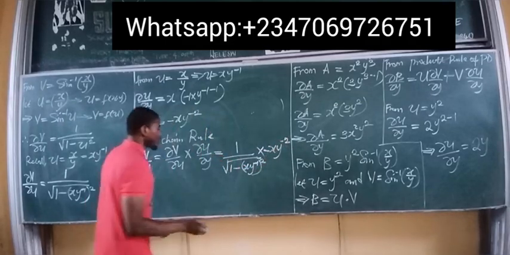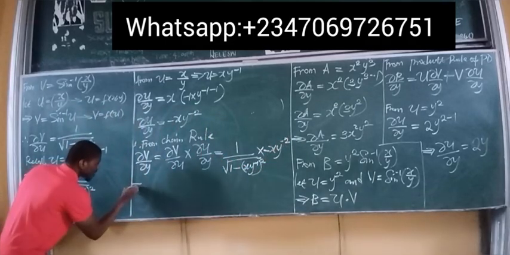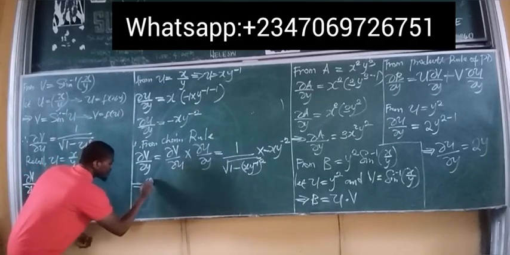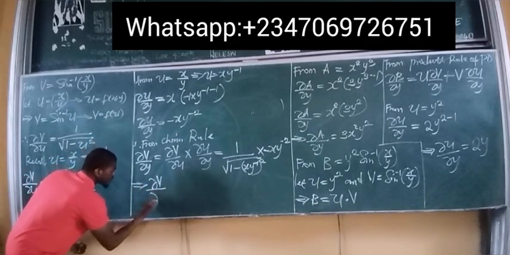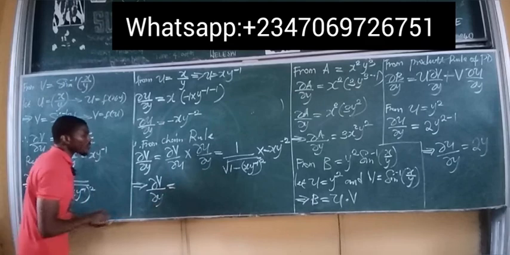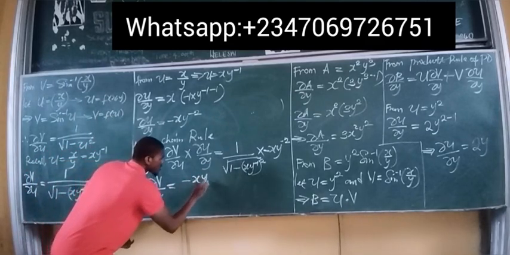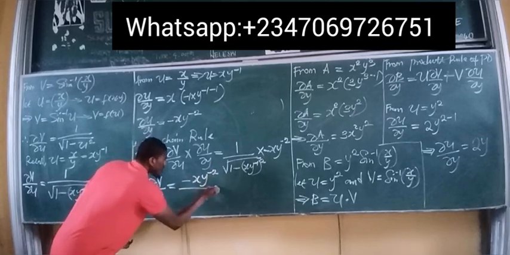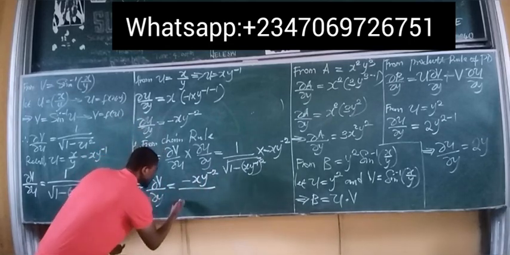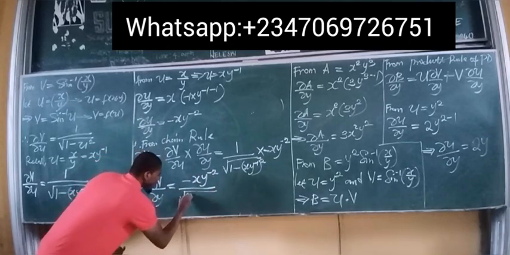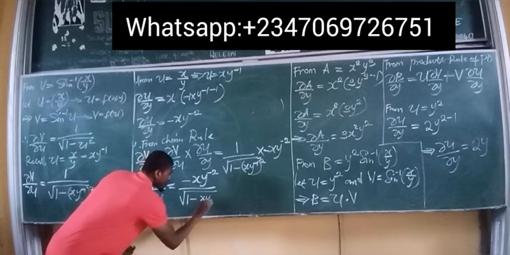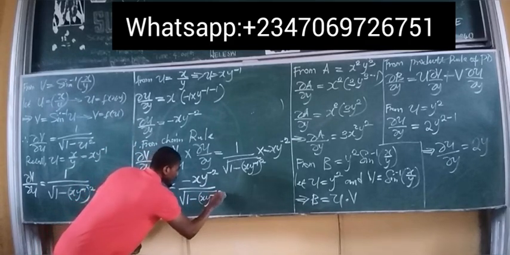So this simply implies that the partial derivative of v with respect to y itself is now equal to minus x y to the power of minus 2 all over the square root of 1 minus x y to the power of minus 1 all squared.